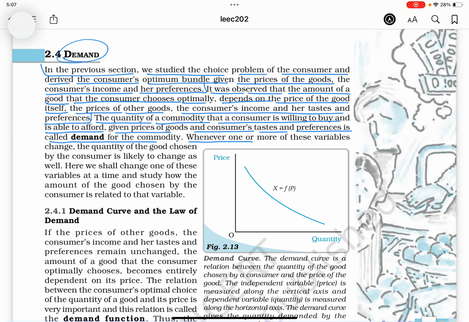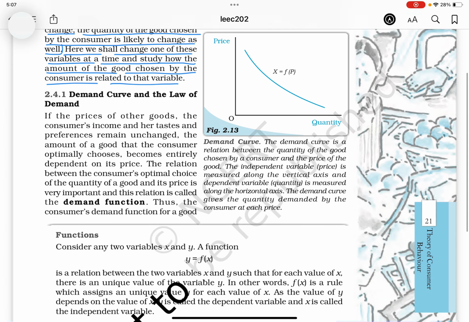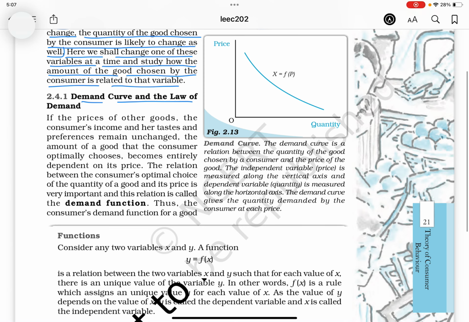Whenever one or more of these variables change, the quantity of the good chosen by the consumer is likely to change as well. Here we shall change one of these variables at a time and study how the amount of the good chosen by the consumer is related to that variable. Demand curve and the law of demand.